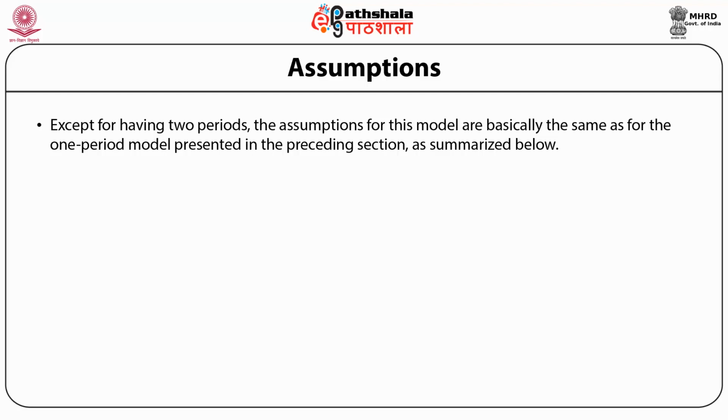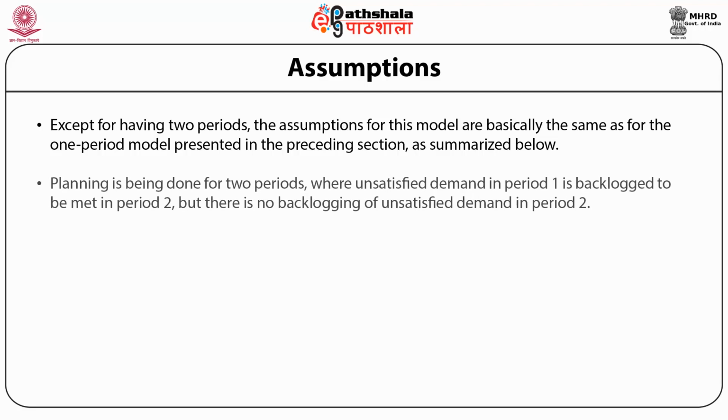Each application involves a single stable product. Planning is being done for two periods, where unsatisfied demand in period 1 is backlogged to be met in period 2, but there is no backlogging for unsatisfied demand in period 2.